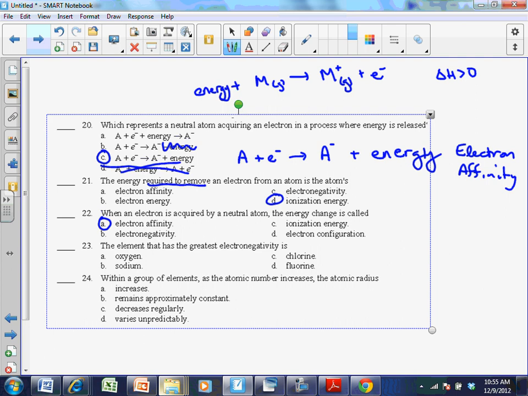Negative energy is exothermic. Okay, the element with the greatest electronegativity is fluorine. Remember, electronegativity is a measure of how much an atom competes for electrons when it's bonded to another atom.